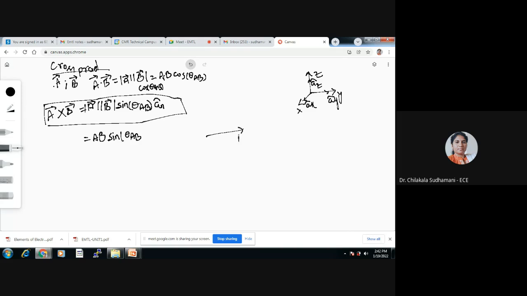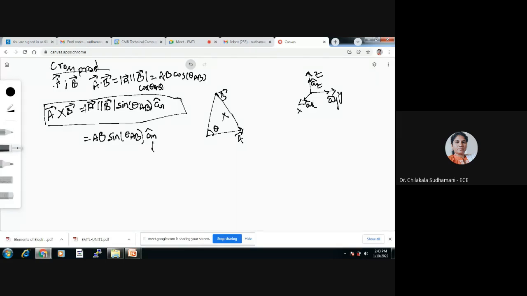If I am considering vector A bar like this and vector B bar like this, then the resultant vector A bar cross B bar is given like this. Now sine theta AB, the angle between these two, is theta. And what is the AN cap?